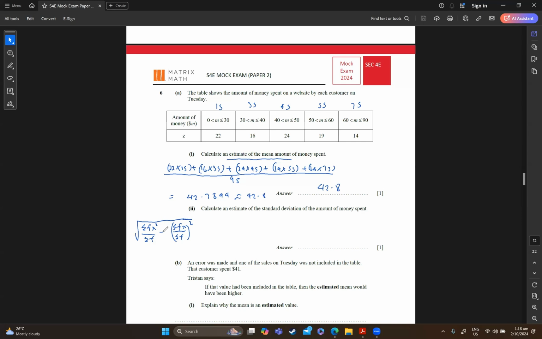Okay, so now if you observe this formula, right, the bracket inside here is actually your mean, the 42.7894. Now this part here, right, basically you take 22 times 15 squared plus 16 times 35 squared plus 24 times 45 squared, and so on, and you divide it by the number of data. Okay, so I'm going to write it out now.